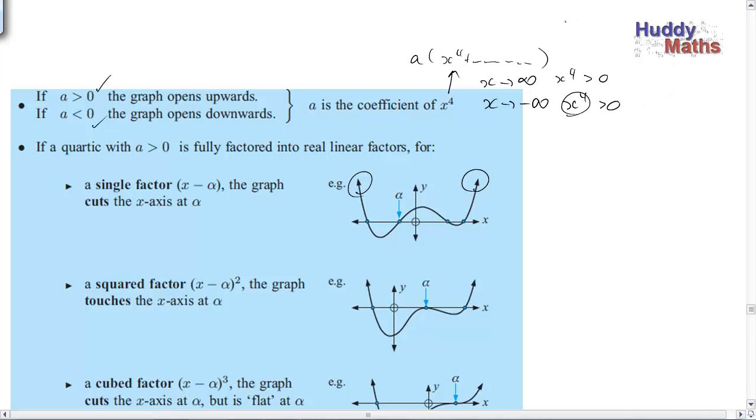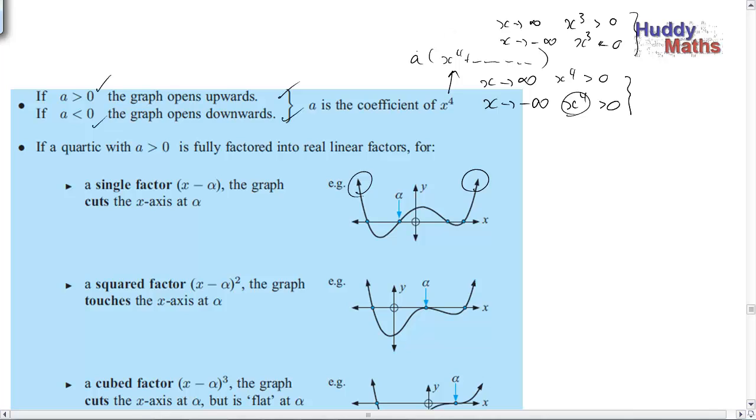Unlike a cubic, where if x tends to positive infinity, x cubed will be positive, and as x tends to negative infinity, x cubed will be negative. So the ends of a cubic oppose each other. They're opposite. But the ends of a quartic, which is even power, will be the same. They'll both be opening upwards or downwards. So think about the maths behind that.